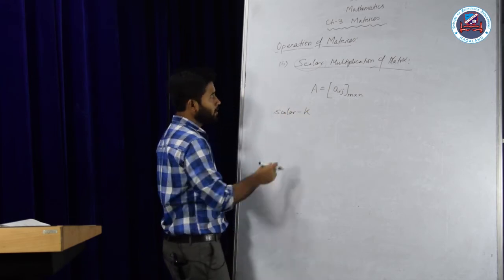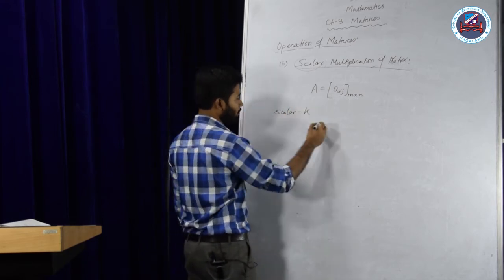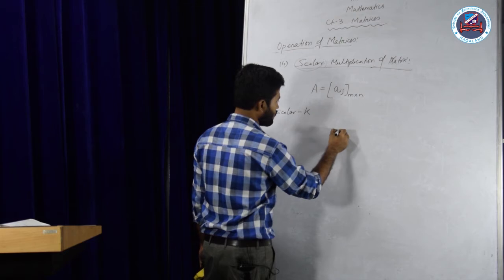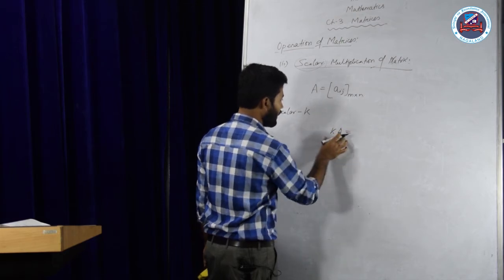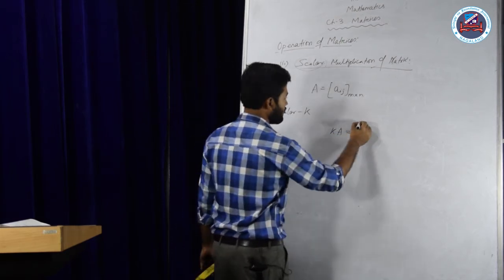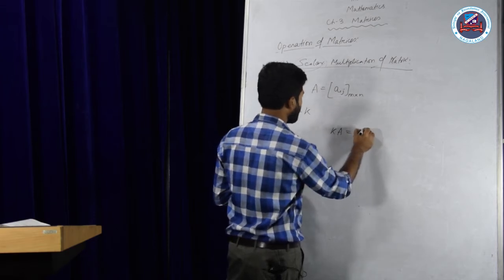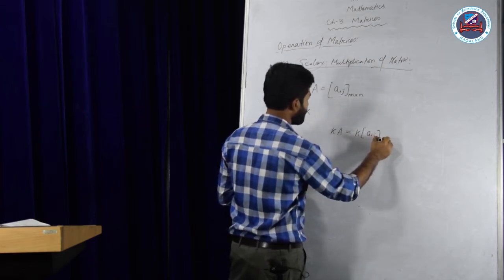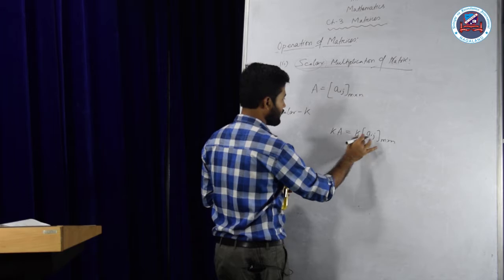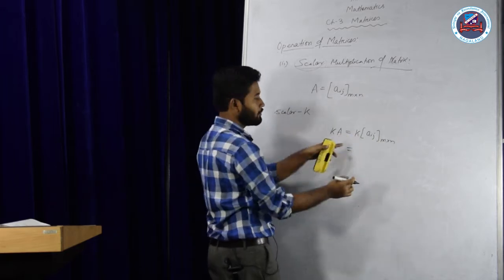Okay, so the scalar multiplication of k with A will give me a new matrix, and that will be represented as k into Aij, m cross n, and the k will be multiplied with each of the elements.